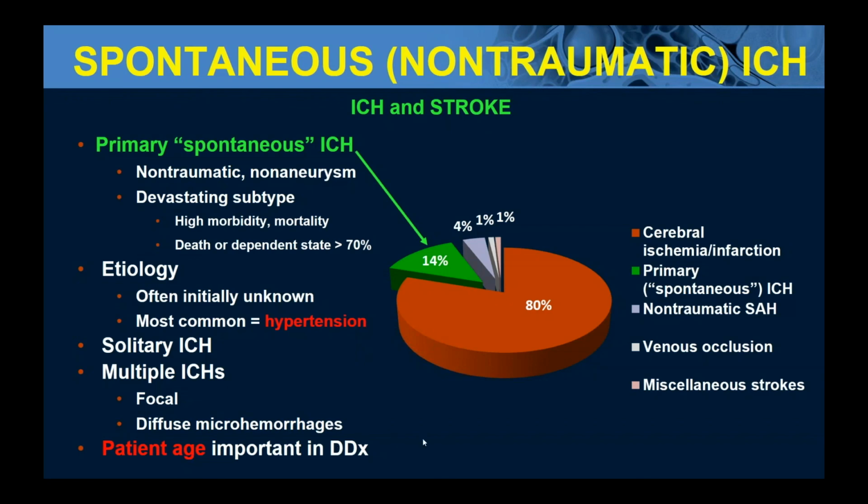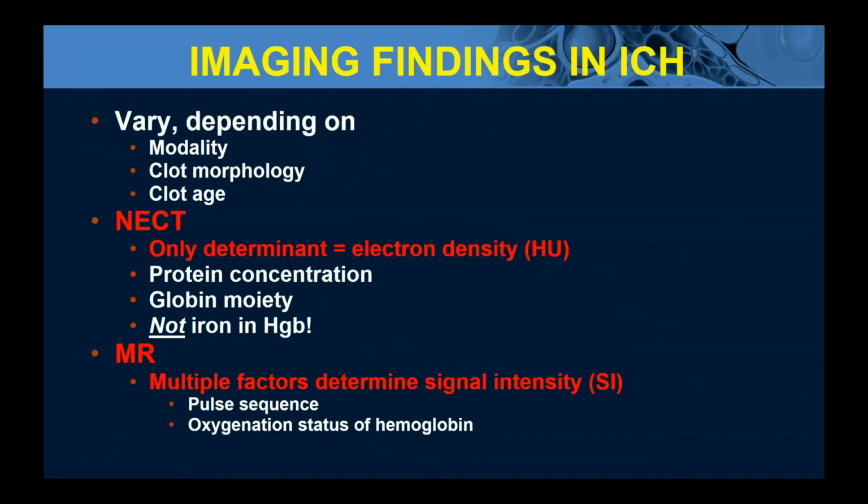If a young patient comes in that looks like they have something like a hypertensive hemorrhage and they're normotensive, chances are it's drug abuse. So the imaging findings in intracranial hemorrhage, ICH. Remember, your CT scan is nothing but a fancy densitometer, and the only determinant of your white and gray and black and intermediate shades is your electron density.